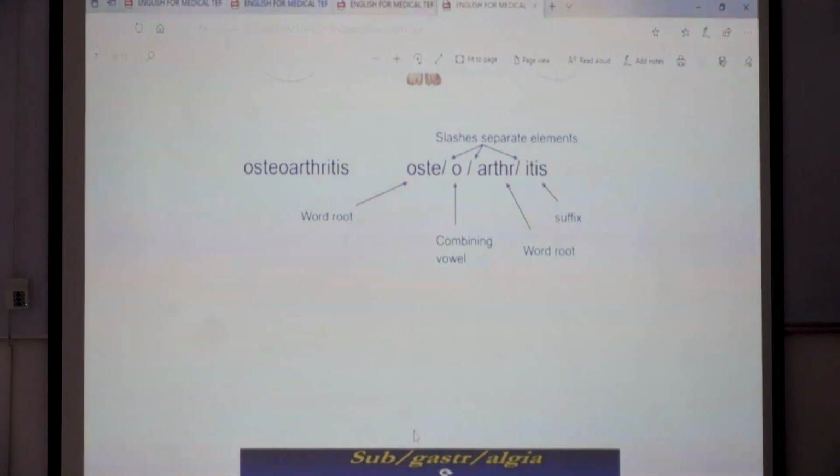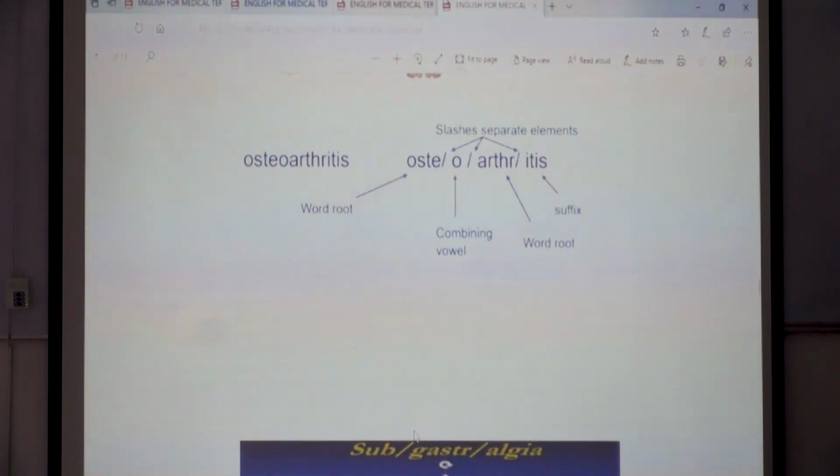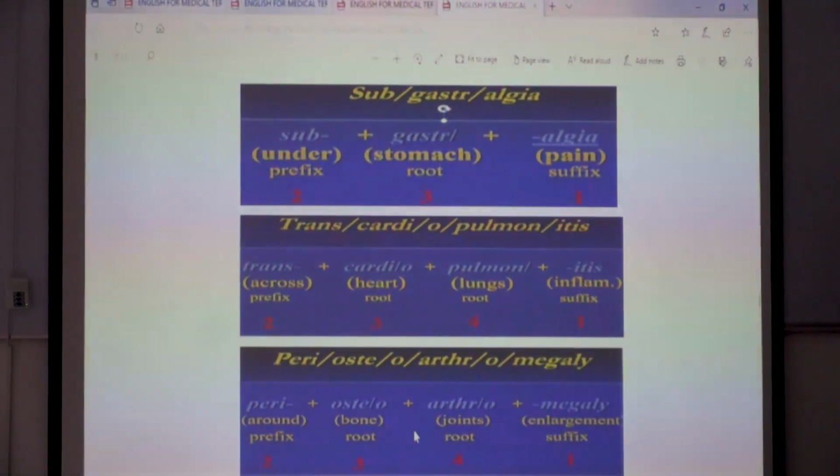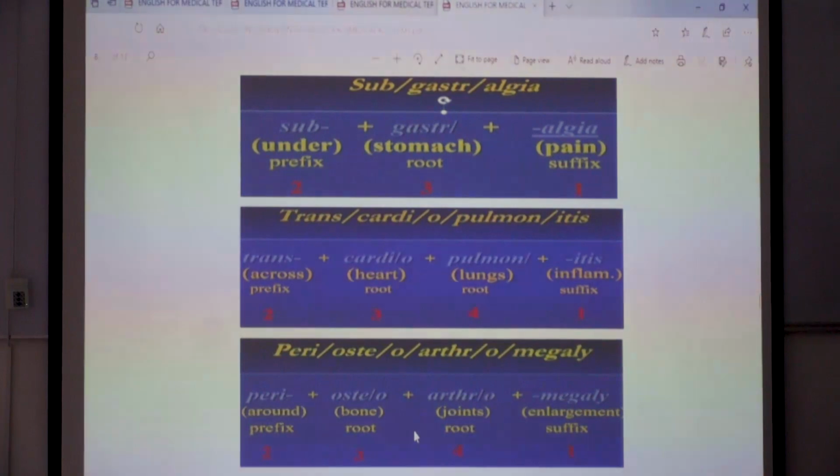Ost, o, arth, itis. Ost is the root, o is the vowel, and arth is also a word root, and itis is the indication of an inflammation, that is the suffix. We have another example, you see, subgastralgia.